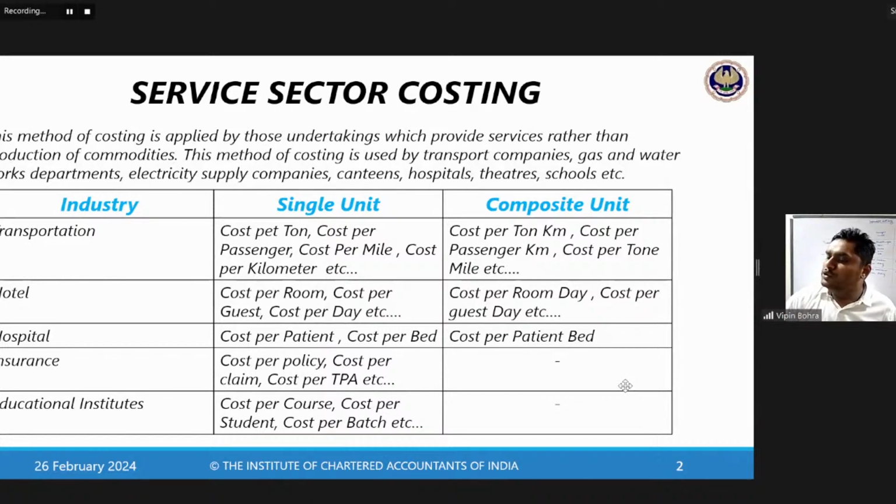Composite unit can be cost per ton kilometer, cost per passenger kilometer, cost per ton mile. Hotels have cost per room, cost per day, cost per guest, and composite units like cost per room day, cost per guest day. Then hospitals, insurance, and education institutions. So you guys can take a quick review of what I have shared. Thereafter, we'll start with the next part.